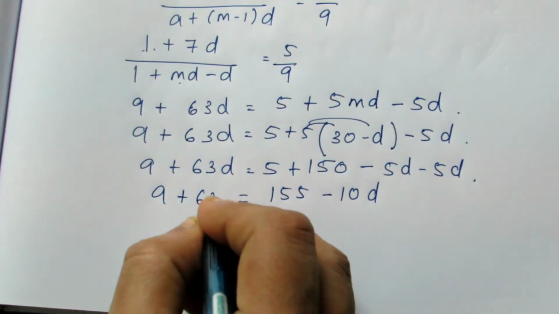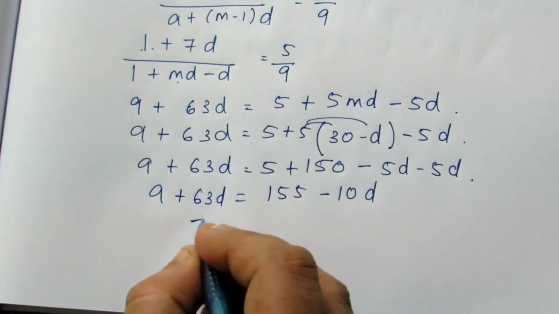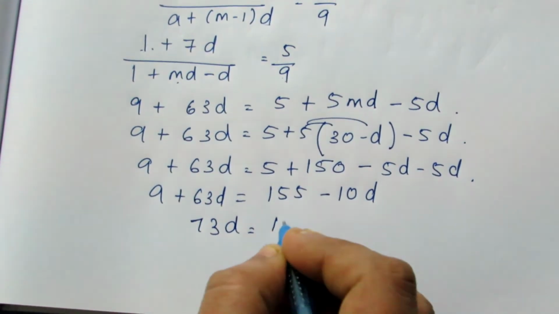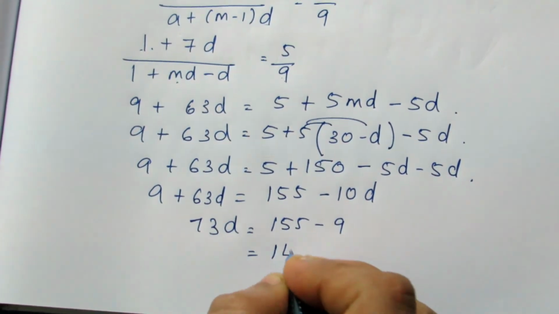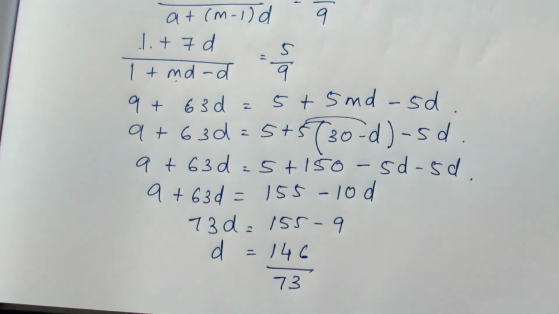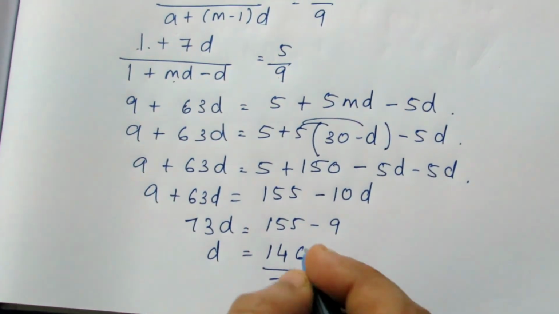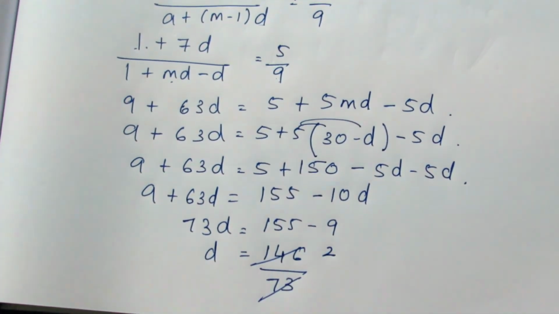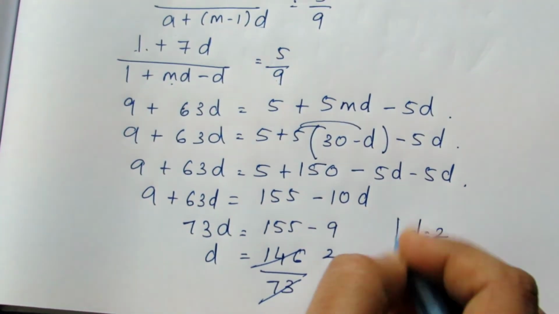Bring d to one side, it comes as plus, so 73d equals 155 minus 9, which is 146. So d equals 146 by 73. 73 into 2 is 146. So the d value is 2. We have found the d value.